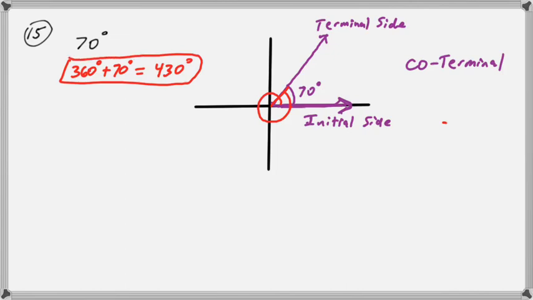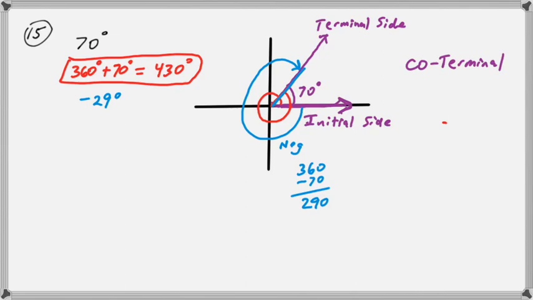Now, negative angles go clockwise. So if I go this way, how much less than 360 would that be? If you did 360 and took away 70, that would leave you 290. But because it's clockwise, it's negative.